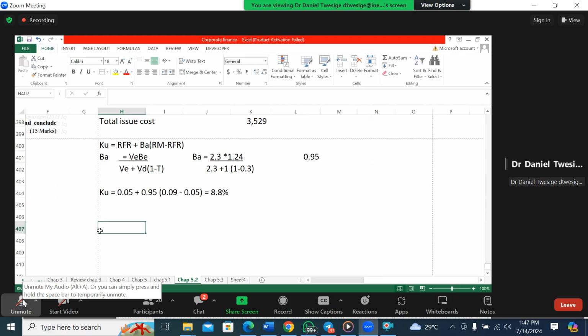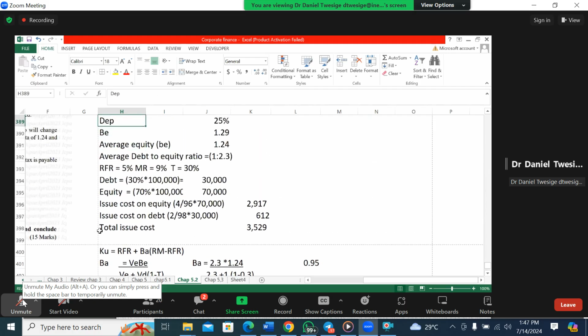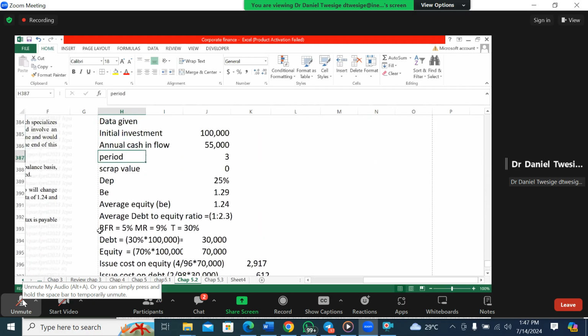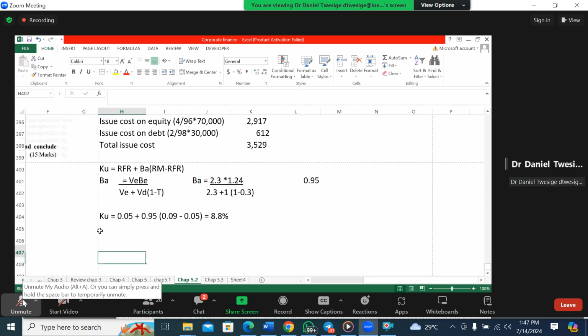And it is the one that we should use to discount our cash flows to get the value of an ungeared business. They told us the cash flows are constant. These cash flows are annual cash flows every year. They are constant. And we don't have a residual value at the end. So it means what's going to be the present value of these cash flows?